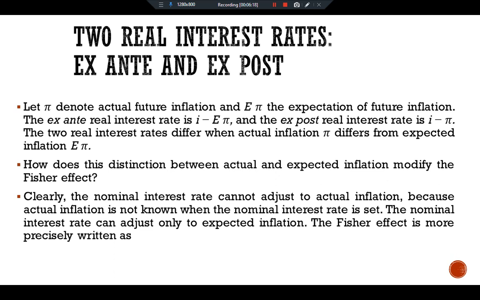The Fisher effect is more precisely written as i = r + E pi. The ex-ante real interest rate r is determined by equilibrium in the market for goods and services. The nominal interest rate i moves one for one with changes in expected inflation E pi.